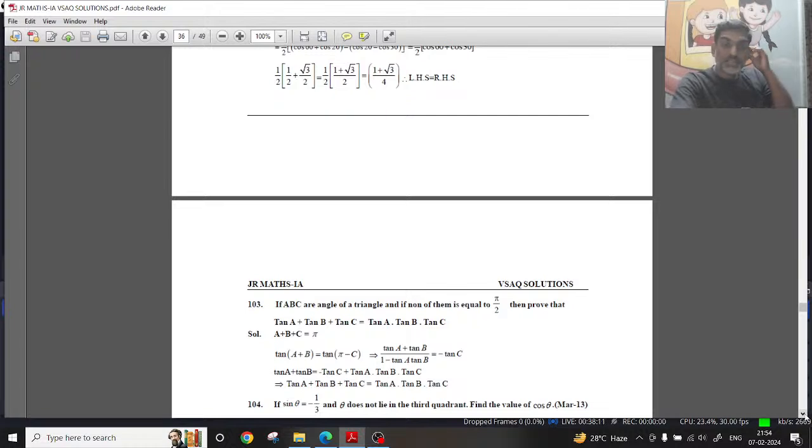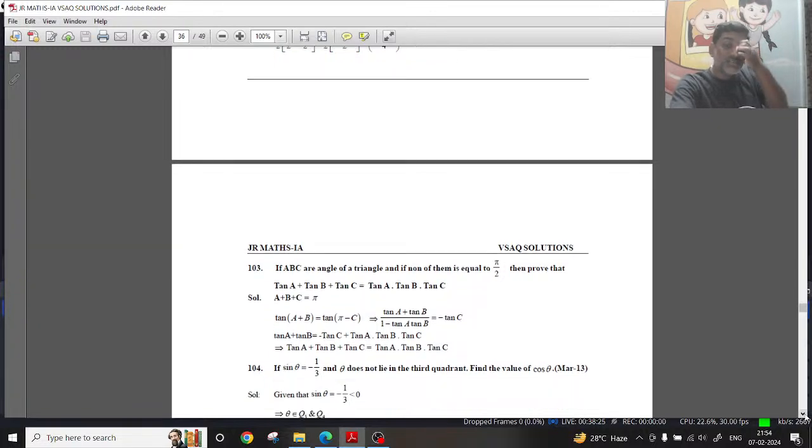So a plus b plus c equals 180, then a plus b equals pi minus c, tan of a plus b equals tan of pi minus c. Try to simplify. If you simplify, we can get it directly.